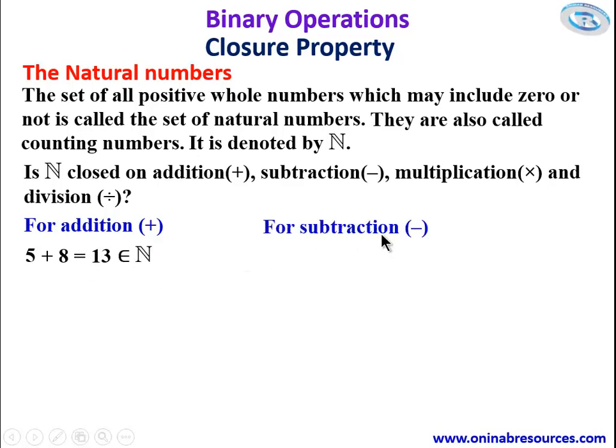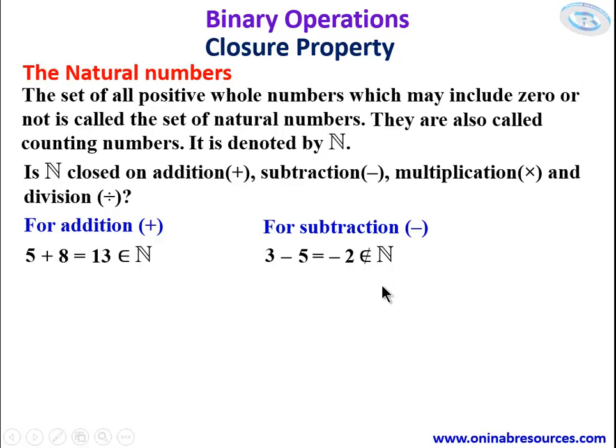For subtraction, we also pick two natural numbers, 3 minus 5. 3 minus 5 gives -2, and -2 is not an element in N, so it is not a natural number.